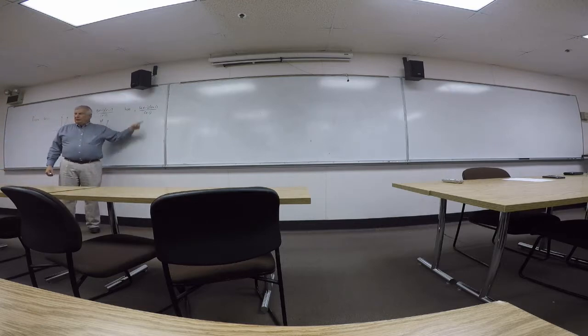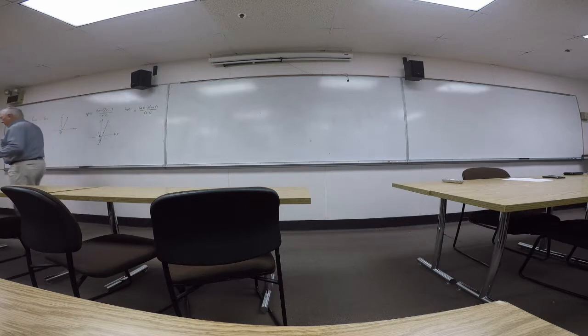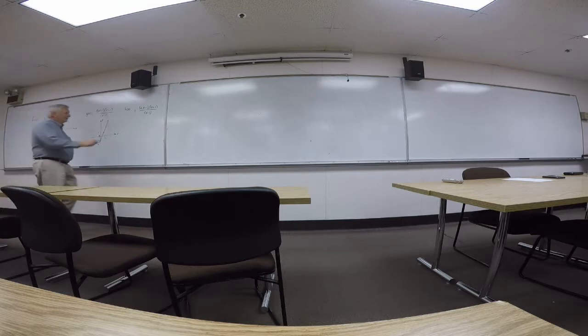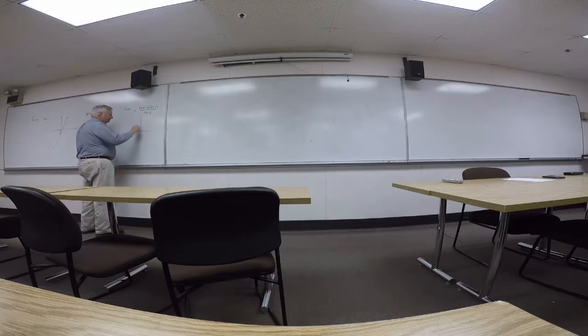What does this denominator cause at x equals 1? Besides division by 0, how does that represent on the graph? An asymptote, it's a vertical asymptote. So, in sketching its graph, at 1 has a vertical asymptote.